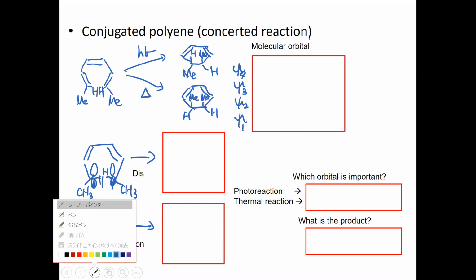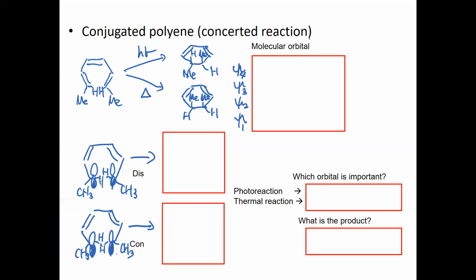So first, let's check the HOMO and LUMO orbitals. Please draw the frontier orbitals. You have 6 carbons, right? 1, 2, 3, 4, 5, 6. So you can draw the pi orbitals.